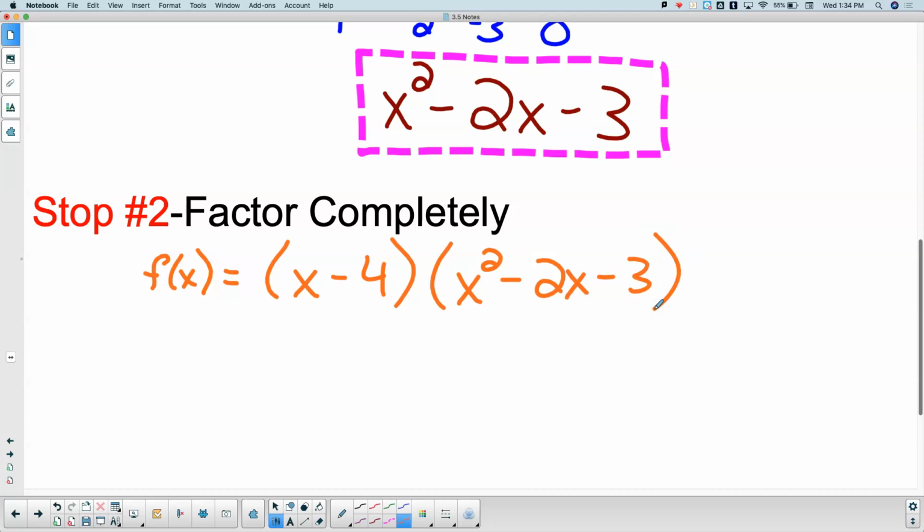And now you've got to ask yourself, I can see if x squared minus 2x minus 3 is itself factorable. Are there two numbers that multiply together to be negative 3 and add to be negative 2?